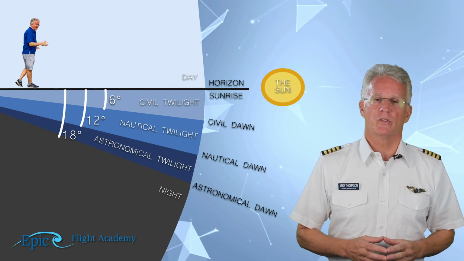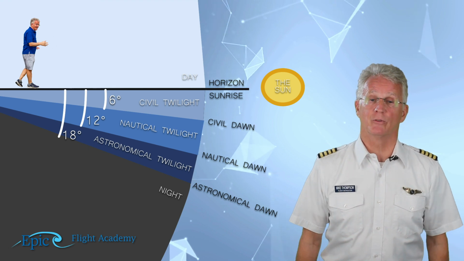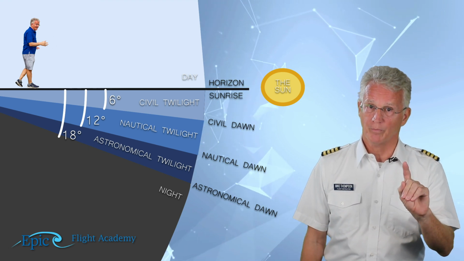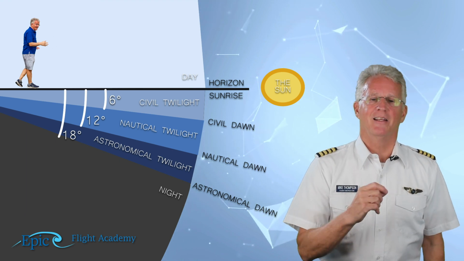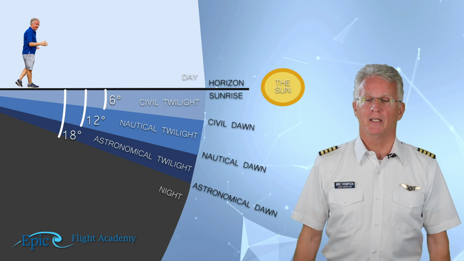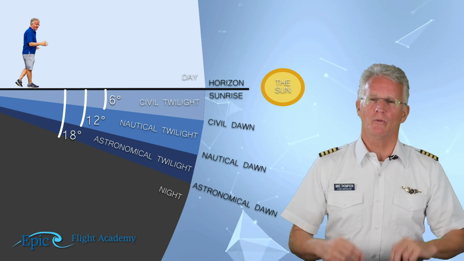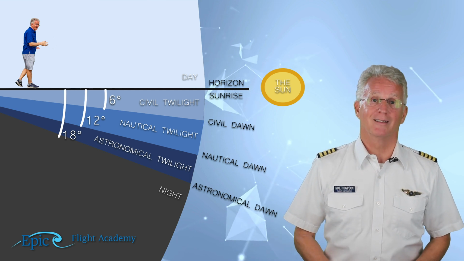Now, since night officially begins at civil twilight, or 6 degrees below the horizon, then if I begin logging my nighttime 30 minutes after sunset, it is an easy way to ensure that my nighttime is legal.